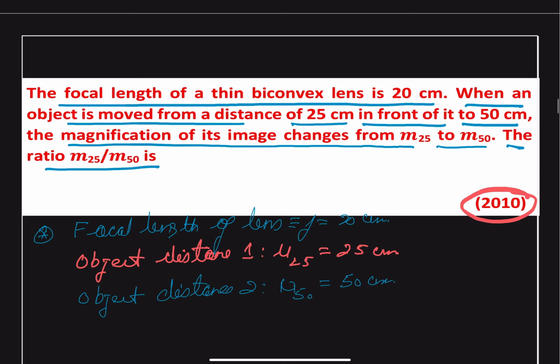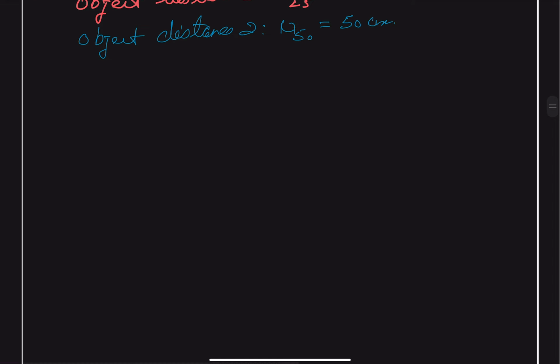So based on this, we can find out the image distance, that is V25 and V50 corresponding to u25 and u50.